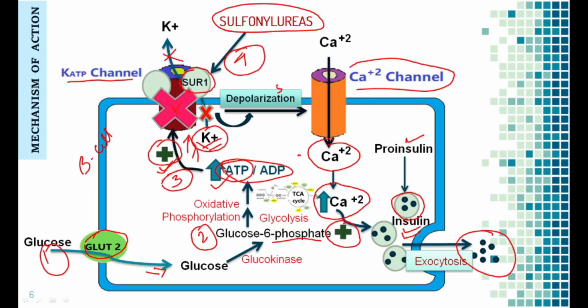This results in depolarization and calcium comes inside. As a result, intracellular calcium level rises, and in the last step there is exocytosis due to the increased calcium level, which triggers the release of insulin. So sulfonylurea mainly acts by increasing the release of insulin from the pancreatic beta cell.